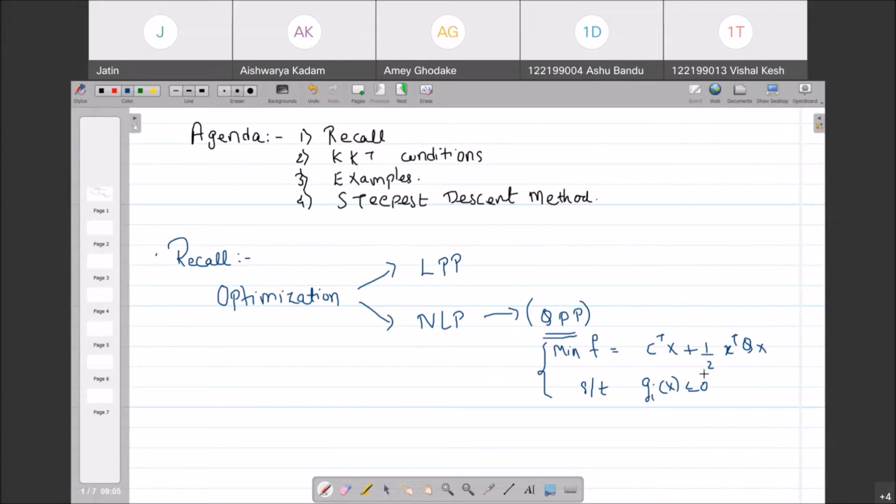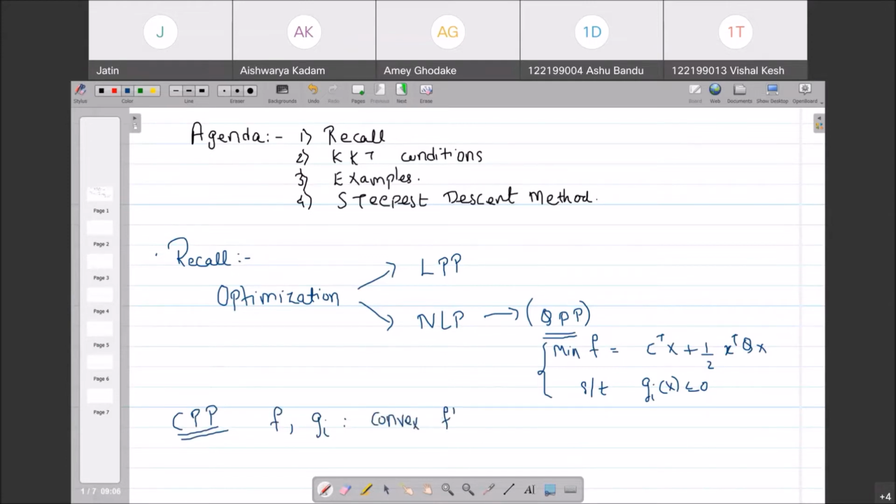This was one categorization, and then we have seen the concept of a CPP, convex programming problem. We call a programming problem a convex programming problem if the objective function and the constraints are all convex functions.